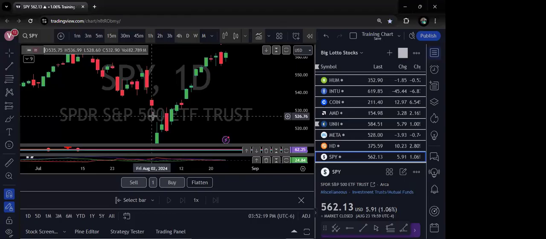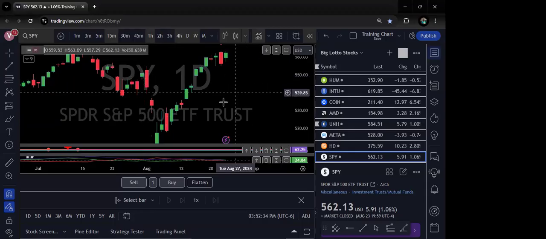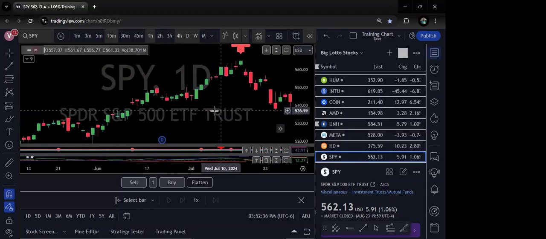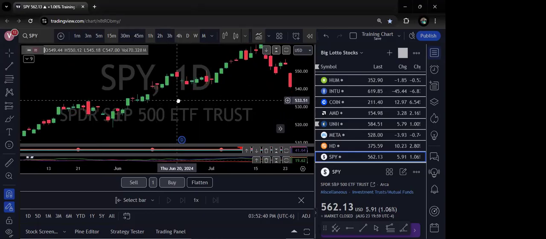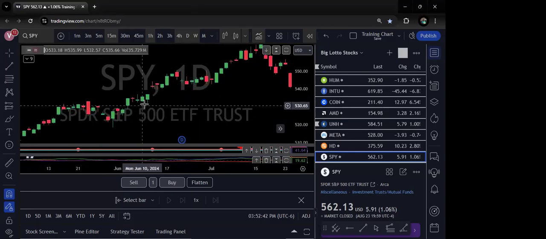So if it's a bearish engulfing, the next day the market may say, oh no, we want nothing to do with that low, we want to go back up. If it's a bullish engulfing, you have this. Here, this previous candle is a bullish engulfing.